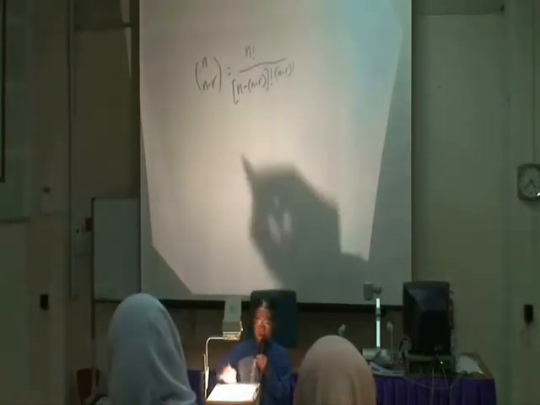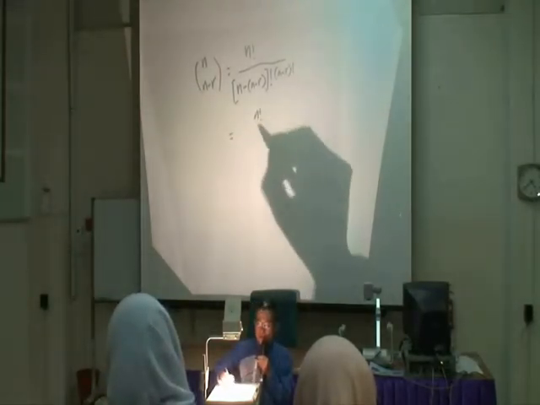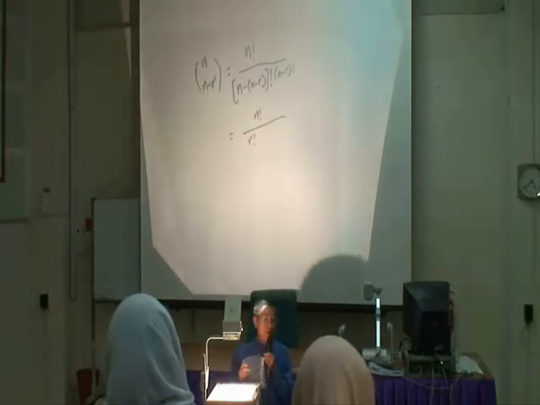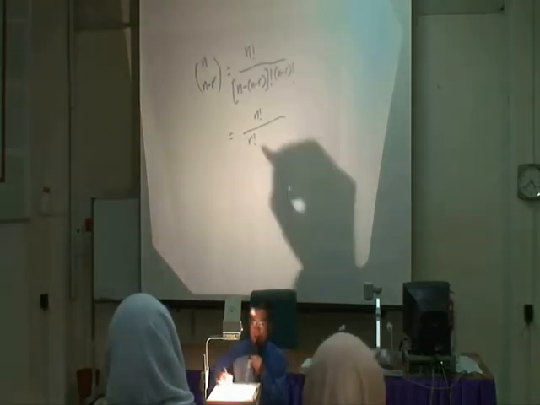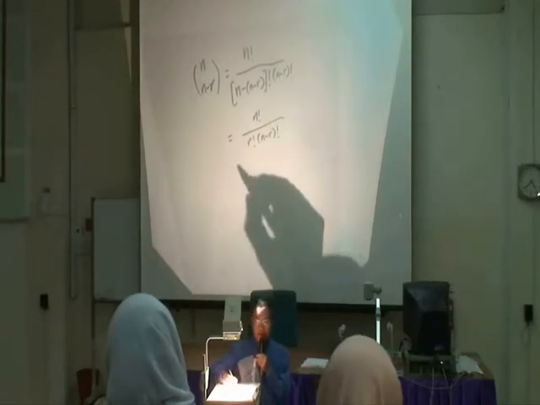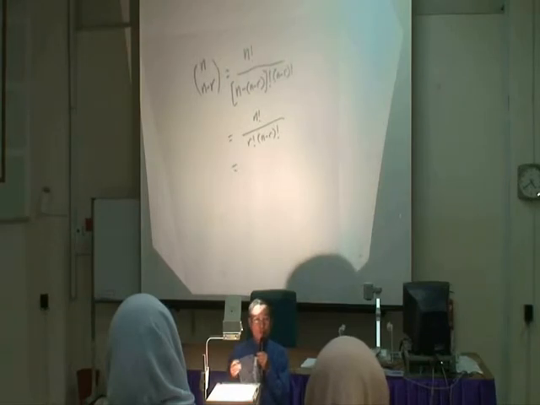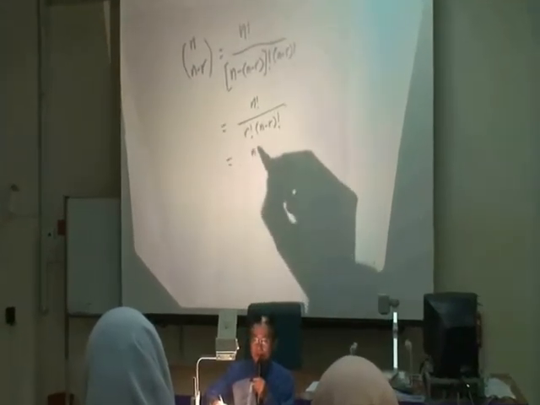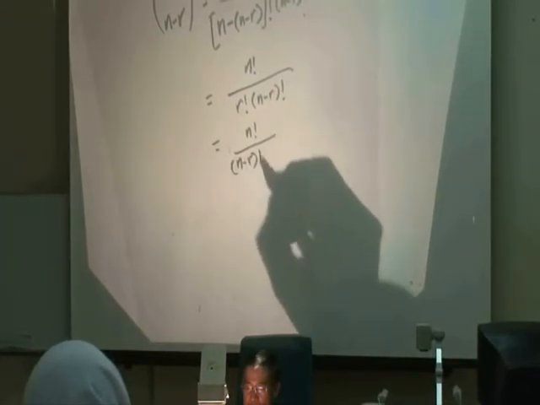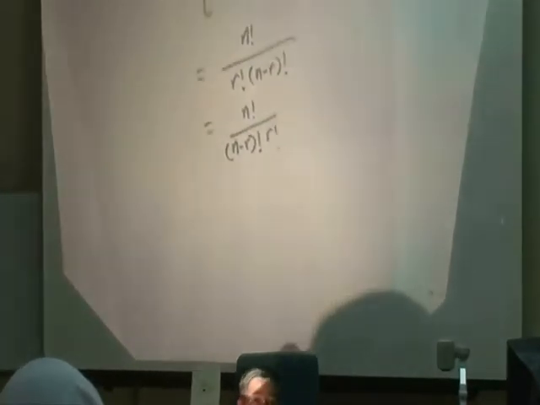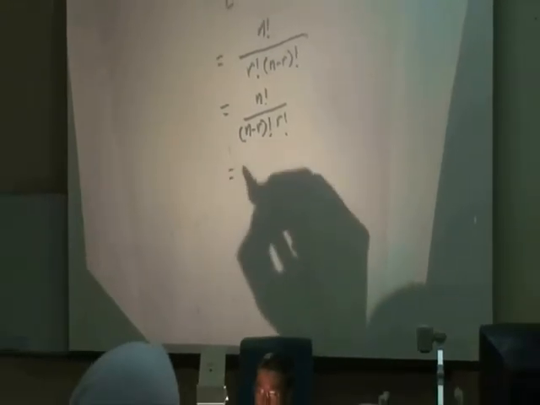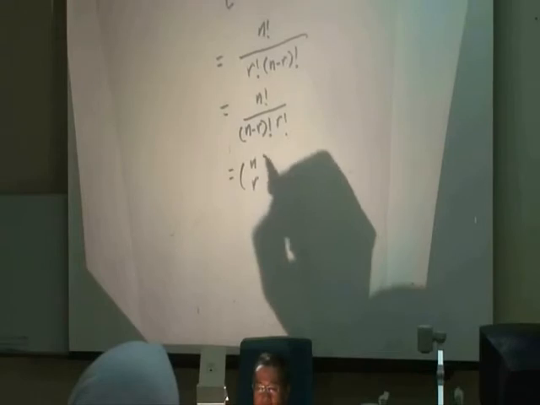So you get this, which can be simplified: when you open the bracket, it becomes r factorial times n minus r factorial. You have learned multiplication is commutative. Therefore, this can be written as n factorial over n minus r factorial times r factorial, which is your nCr.